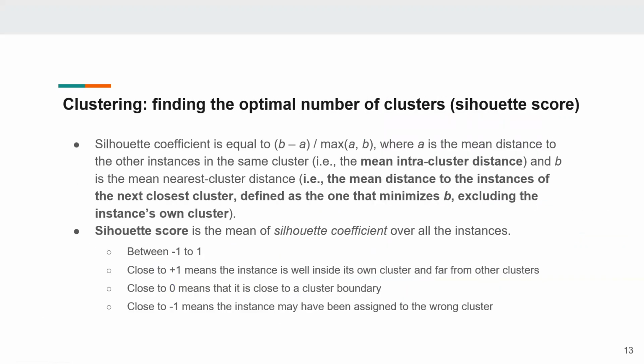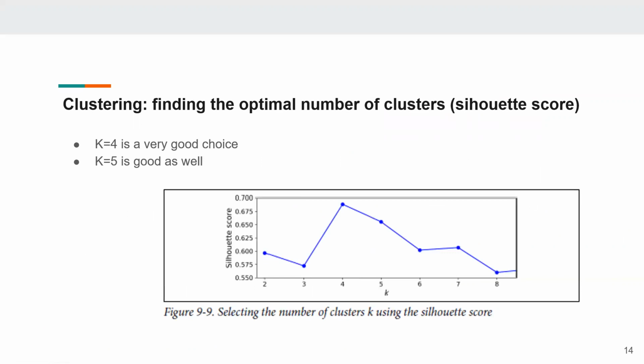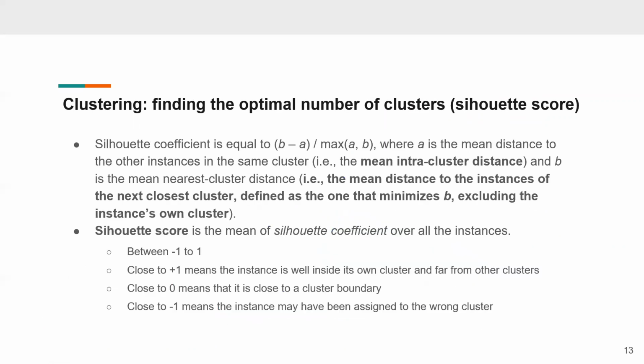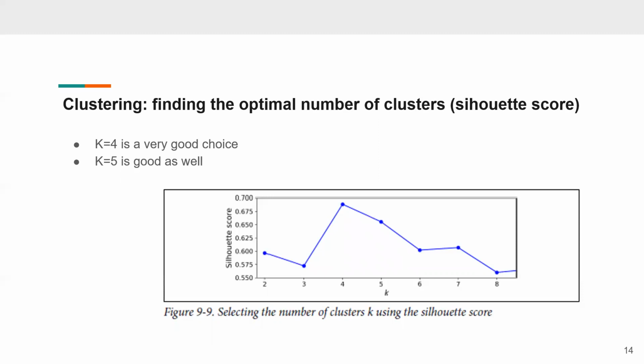So let's look at this chart. What we could do is use the Silhouette score on the y-axis and the number of k, and we see that 4 and 5 have higher Silhouette scores. So that's another way to look at it. We might choose 4 or 5.